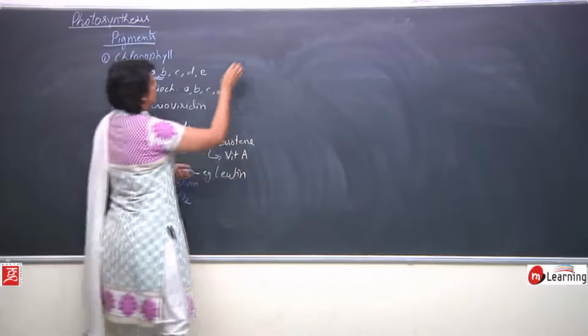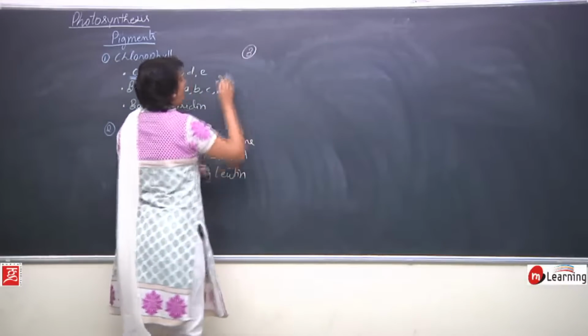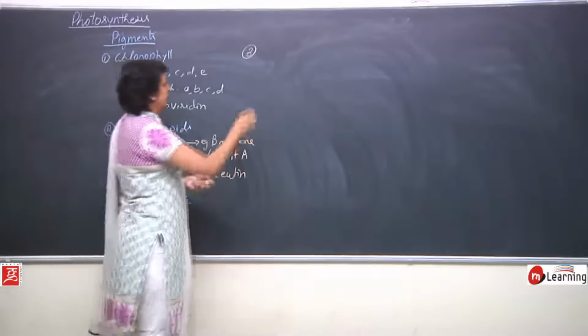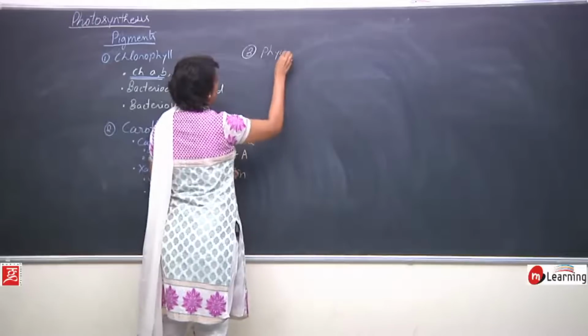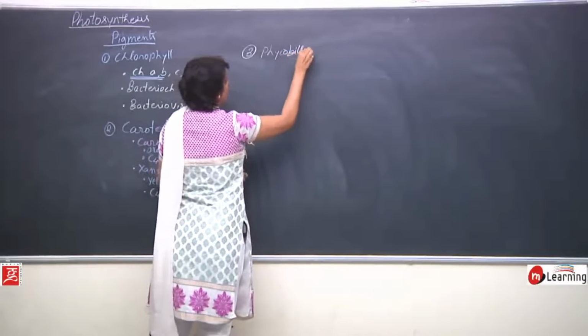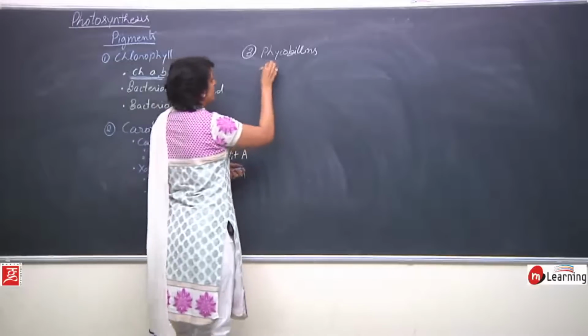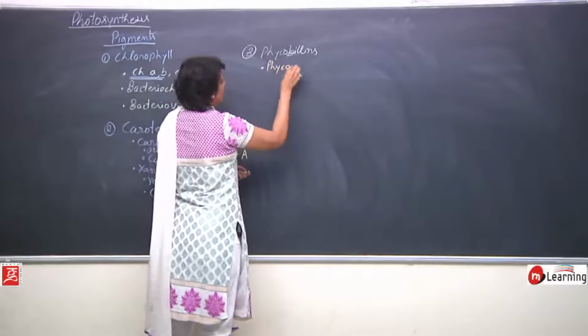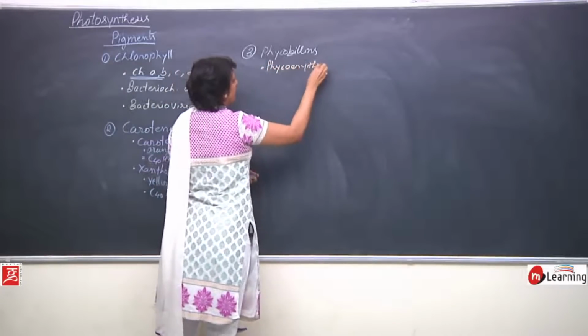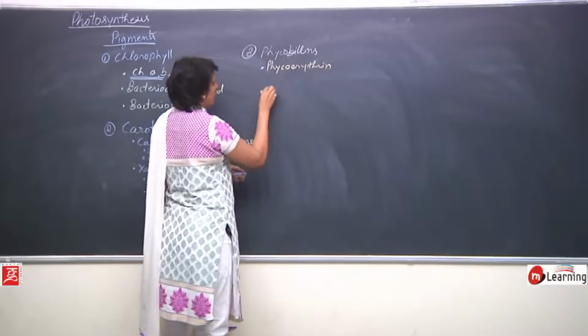Third category of pigments are known as phycobilins. Phycobilins are again of 2 categories, phycoerythrin and phycocyanin.